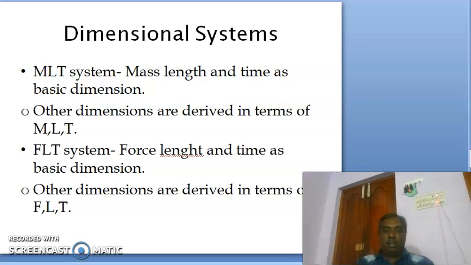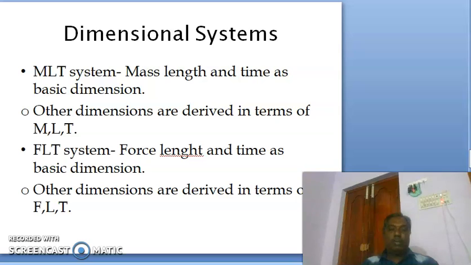Here other dimensions are derived in terms of F, L and T.